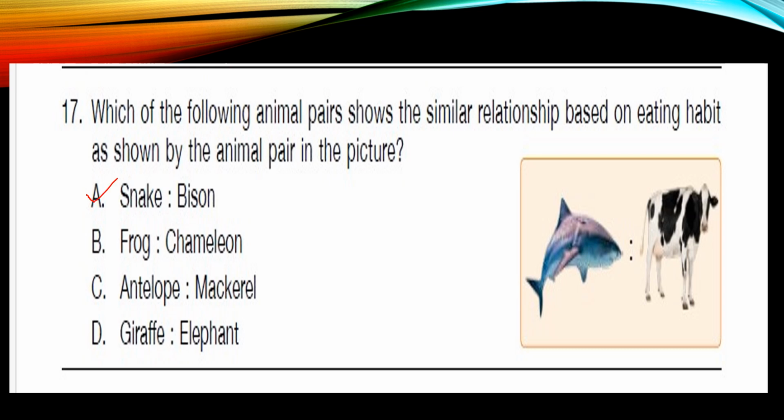Snake and fish have the same relationship, food habit, and bison is a herbivore and cow is also. But here in option B, frog and fish have the same, but chameleon is not a herbivore. In option C, antelope and fish do not have the same, and in option D, giraffe and fish do not have the same food habits. So answer is option A.